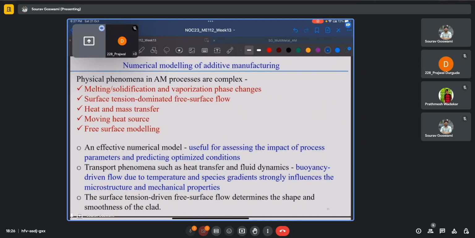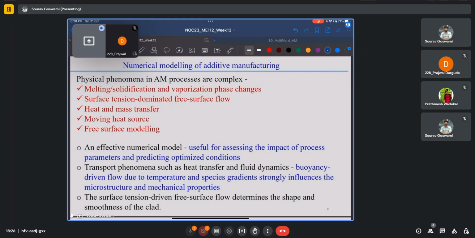Now, moving to our main topic for discussion, which is the numerical modeling of additive processes. It is inherently complex because of the large variety of phenomena which we must address if we want to make a fully faithful model of the additive processes.